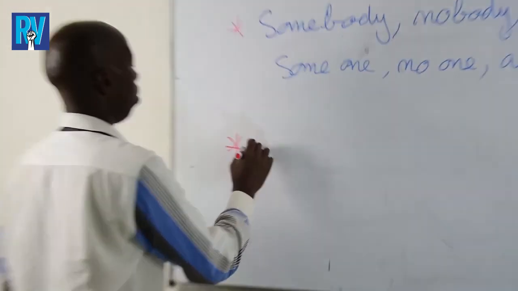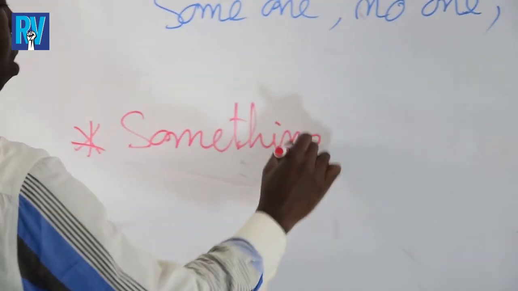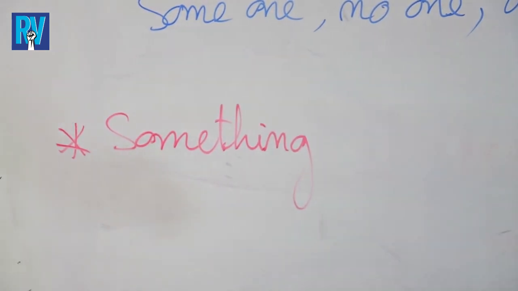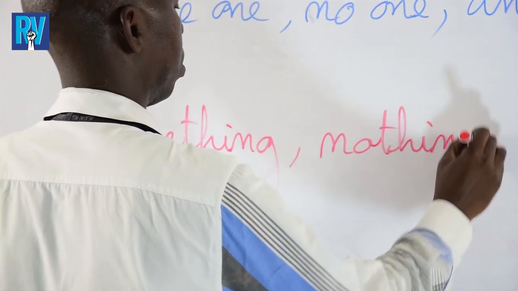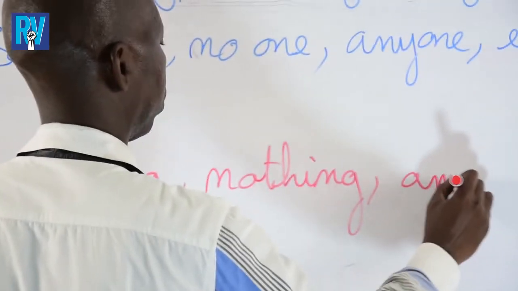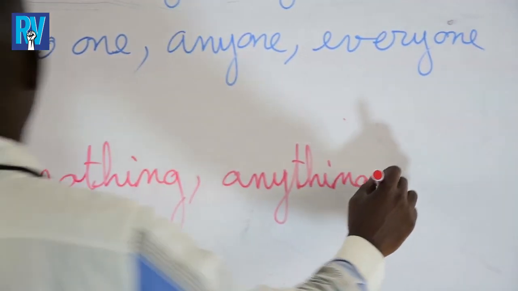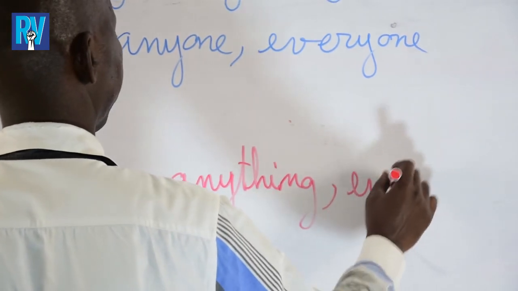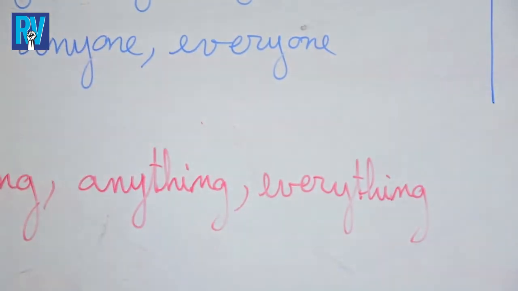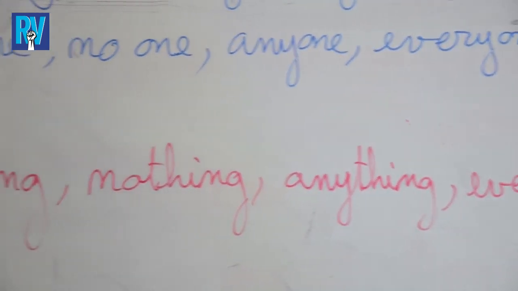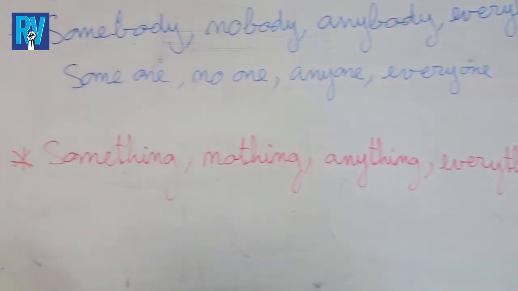C'est clair. On les conjugue à la troisième personne du singulier, mais dans le temps, on les remplace par they. Another one, we have something. Des mots qui se terminent par thing. Nothing, anything, and everything. Here also, these words go with a verb at the third person.